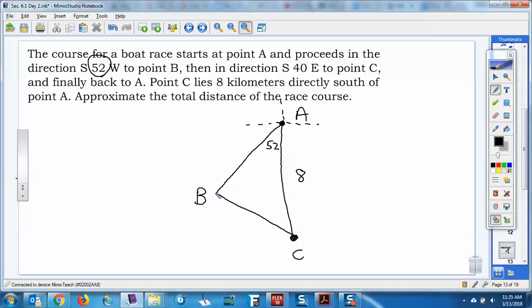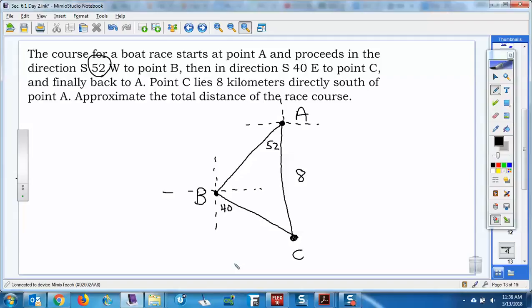Then from point B, and again, I might draw in some little helper guides here, we go south 40 east. So where's the 40 go? Right there.